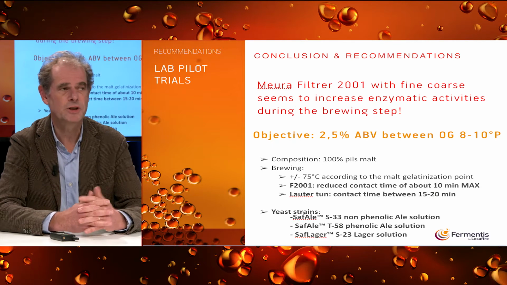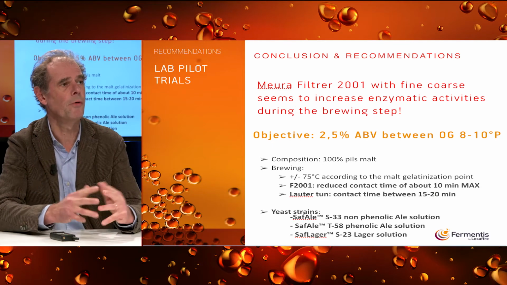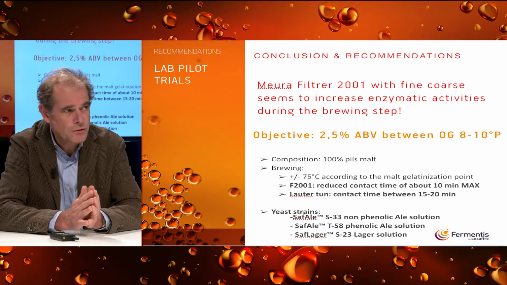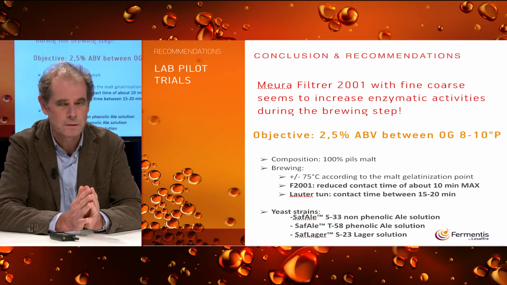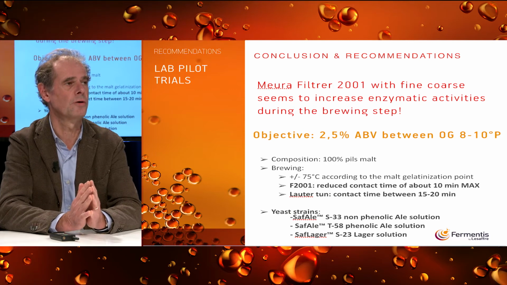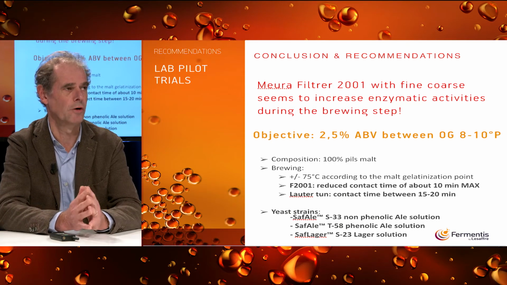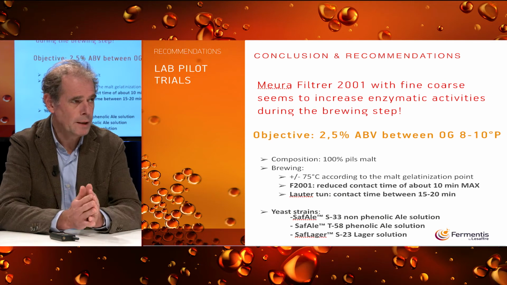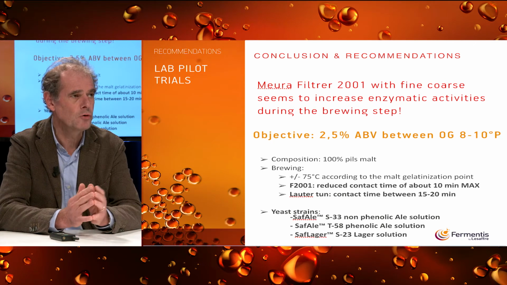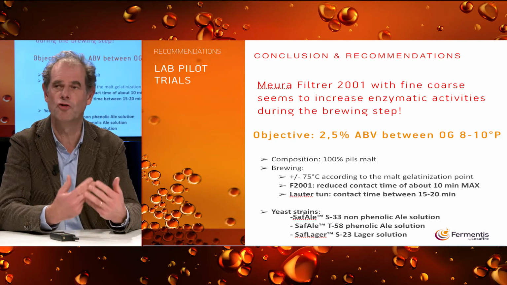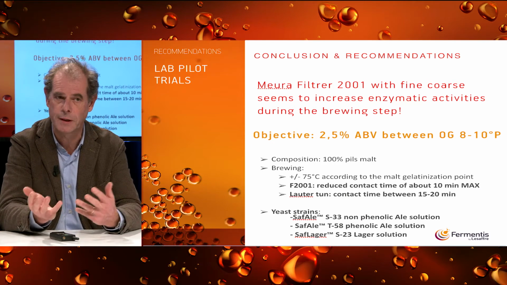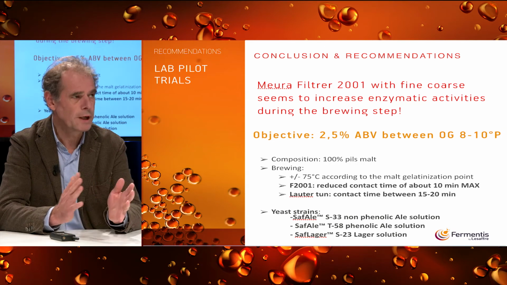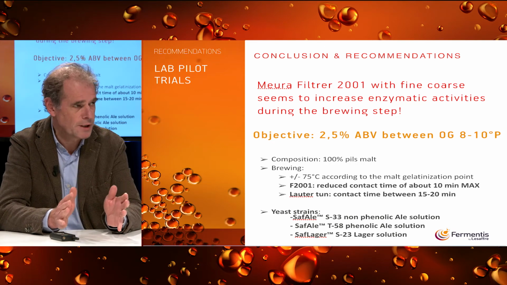If we look at the objective of producing a 2.5 EBV beer with a gravity between 8 and 10 Plato, we can recommend using a composition of 100% pilsner malt with a brewing that we can adapt. Initially we have to monitor the gelatinization point of the malt included in the composition, which is probably close to 75 degrees C.